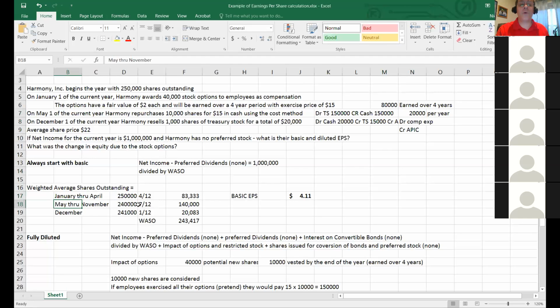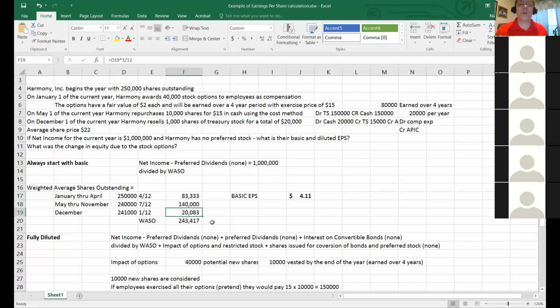So we take 240 times 7/12 to get 140,000. Then what was the last change? We resold 1,000 of them. So our shares go back up. The number of shares outstanding goes from 240 up to 241. And that's for just 1 month, December. So we multiply 241 times 1/12 equals 20,083.